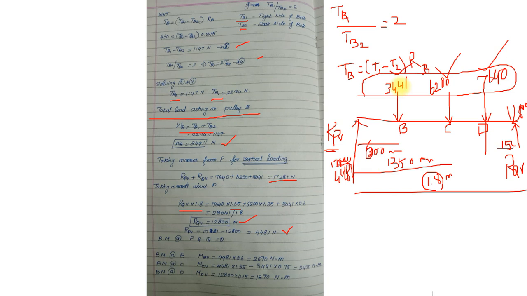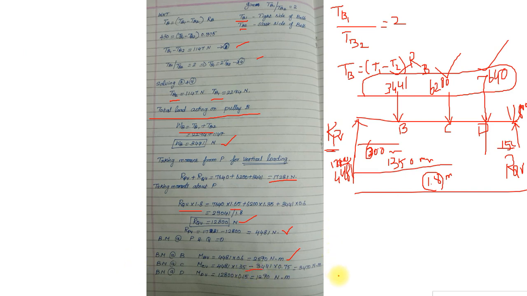If I want to find the moment at B, I have P as an end, so reaction force at P multiplied by 0.6 gives the moment at B. If I want to find the moment at C, I take 4481, the reaction force, times the distance up to C, which is 1.35, minus 3441 into 0.75. You have to be very careful here.